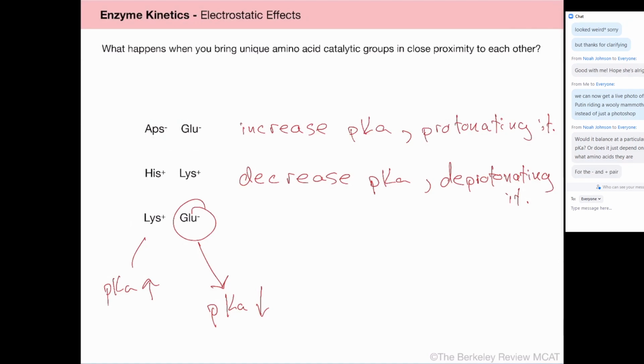Can I ask a question really quickly? I'm not sure if you mentioned this already, but increasing pKa doesn't really make sense to me, but protonating it does. If you're protonating one of them, wouldn't the pH be decreasing? The pH, not the pKa.